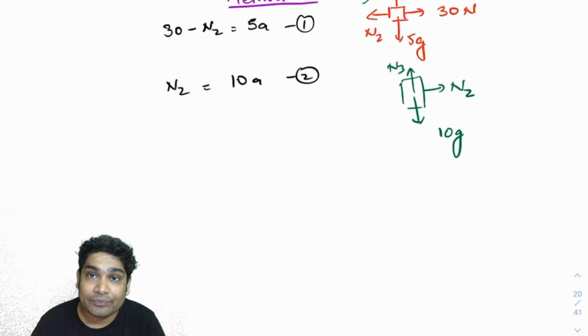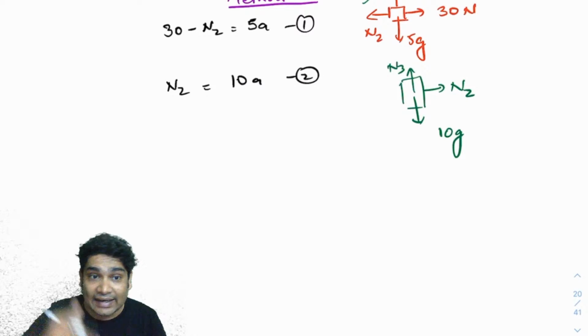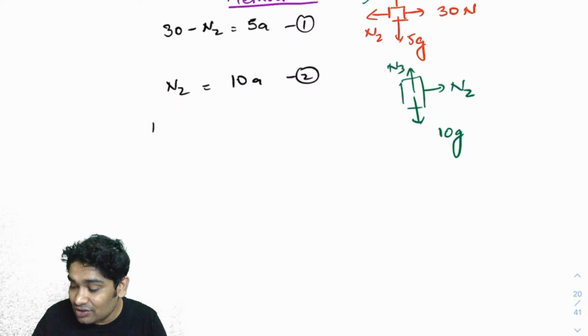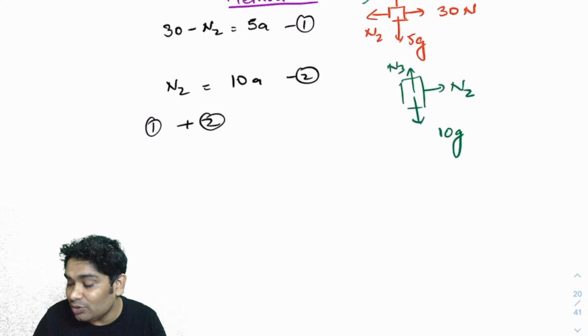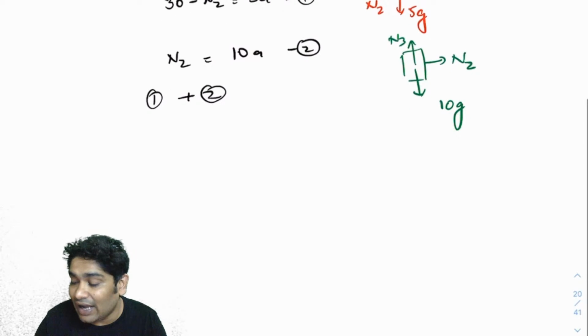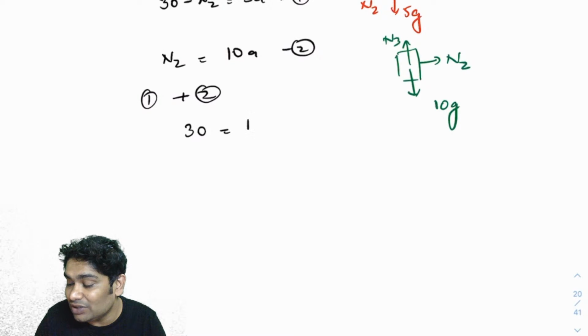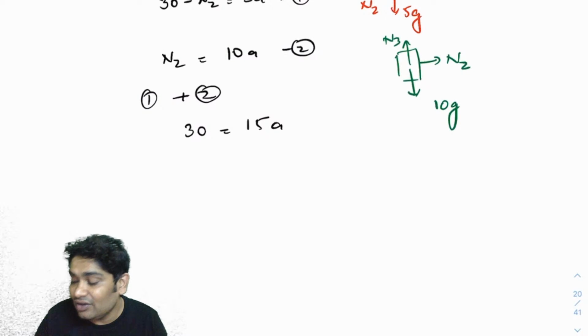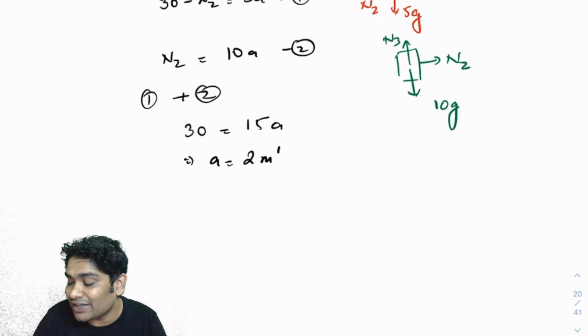So all I need to do is add the two. Equation 1 plus equation 2, what will that give me? When I add these two, I will get 30 equals 15A. So therefore, I get A as 2 meter per second square.